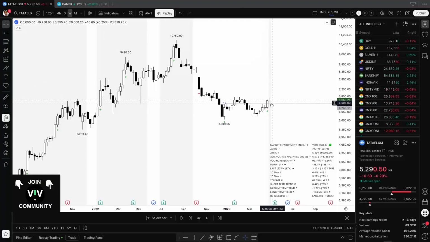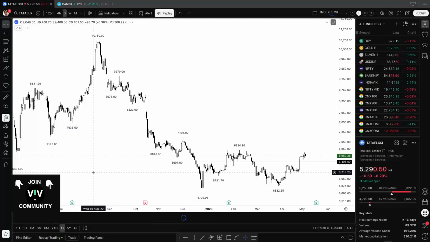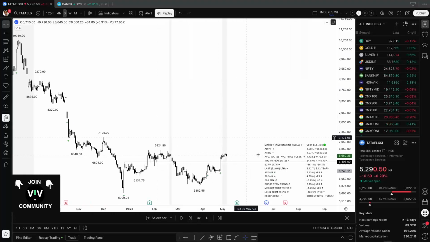So we entered here with the stop loss under 6495, maybe 1% or half percent, and then we see the daily chart. You will see on the daily chart also the background is visible. It means on the weekly chart the trend is confirmed, and on the daily chart also the trend is confirmed.